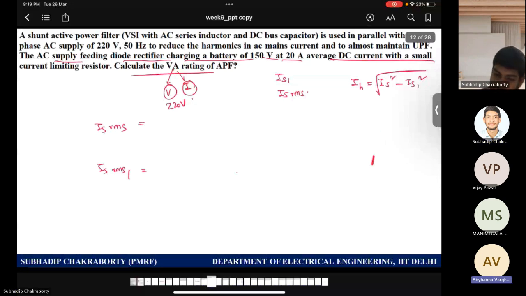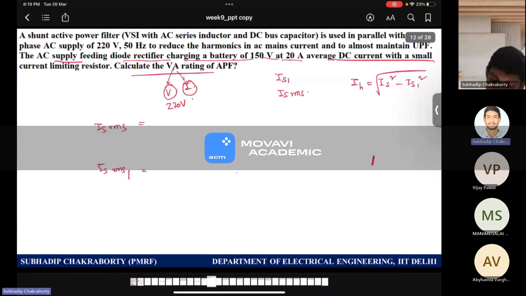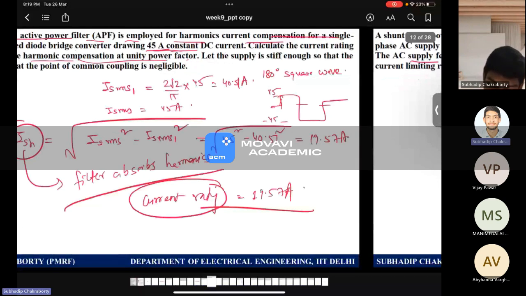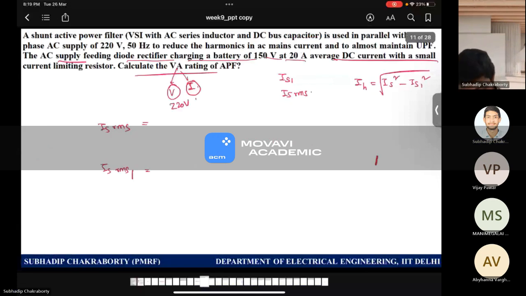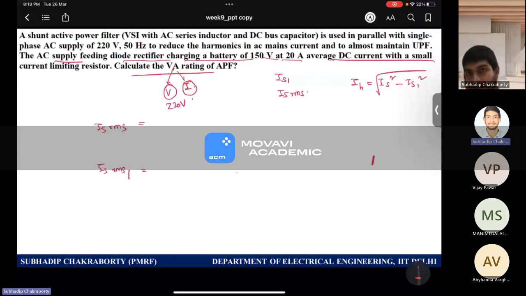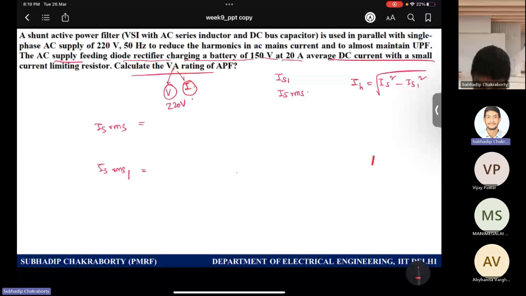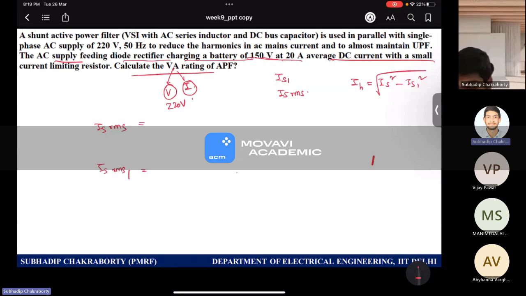Correct. So what I was telling is that we need to determine both currents, the fundamental and the total RMS of the supply. That will help us determine the harmonics. So you must know that for this kind of load, we are trying to maintain unity power factor.